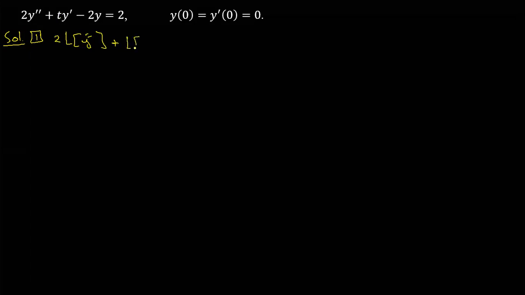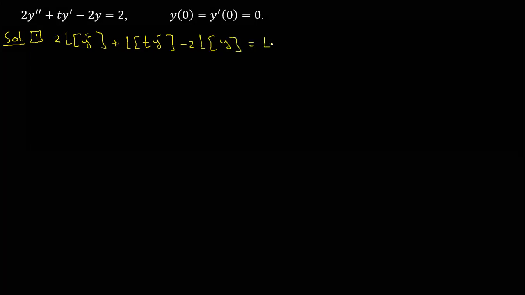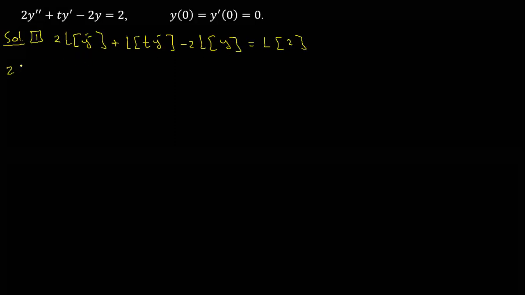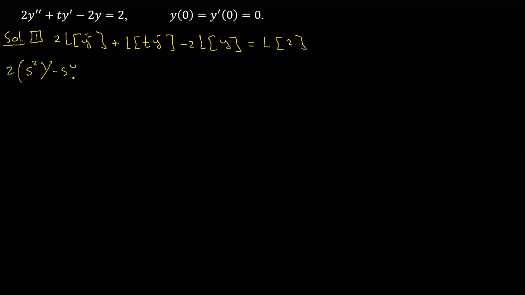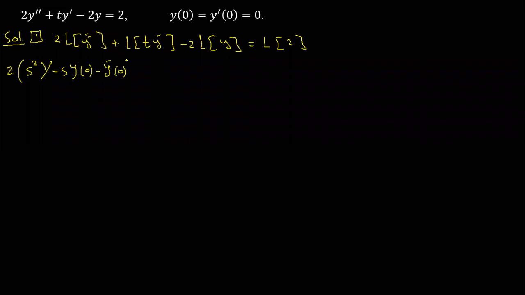So Laplace of t y prime minus 2 Laplace of y equals Laplace of 2. I have my cheat sheet. The rule for Laplace of y double prime is s squared Y capital, where Y capital is a function of s, minus s y of 0 minus y prime of 0. Now what about Laplace of t y prime?